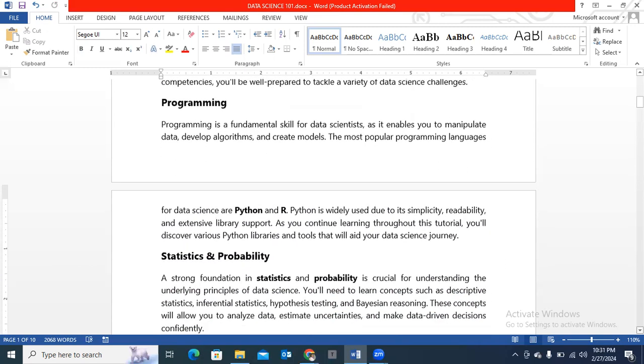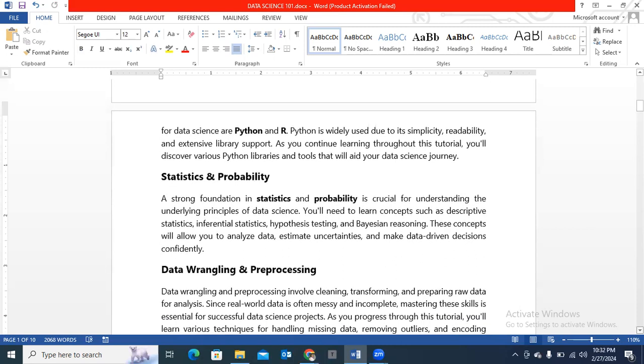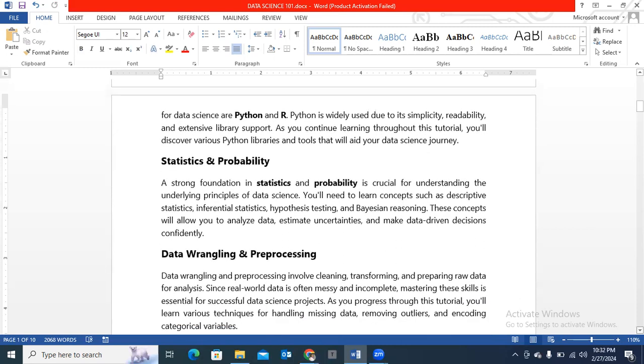Then the next skill you need is statistics and probability skills. You have to be skillful in statistics. You need to understand the underlying principles behind statistics and probability to practice well in data science.